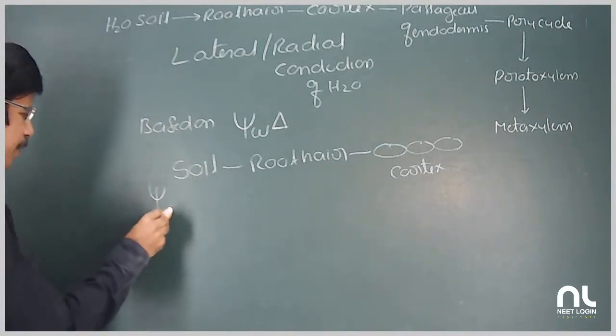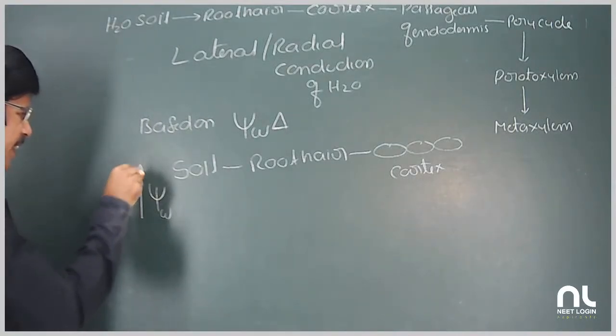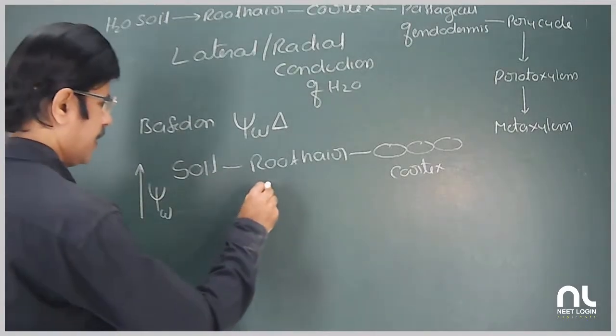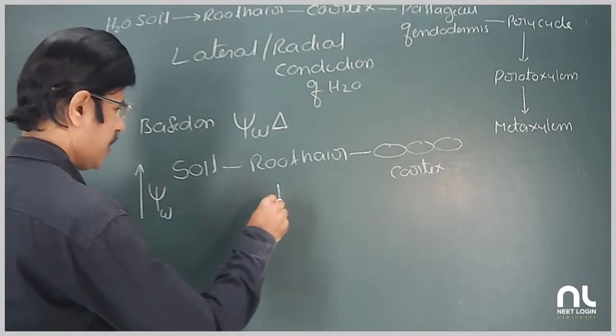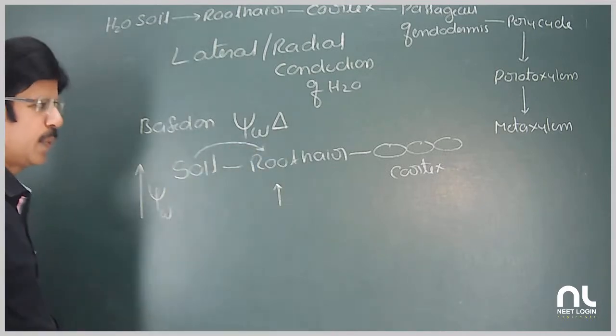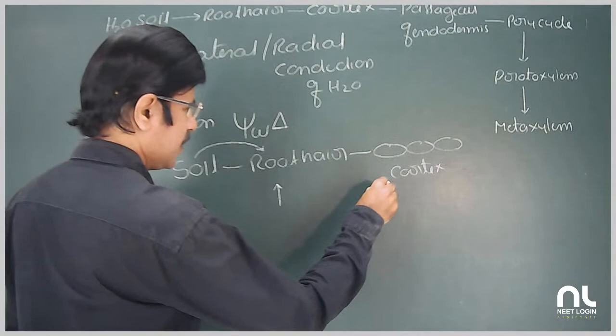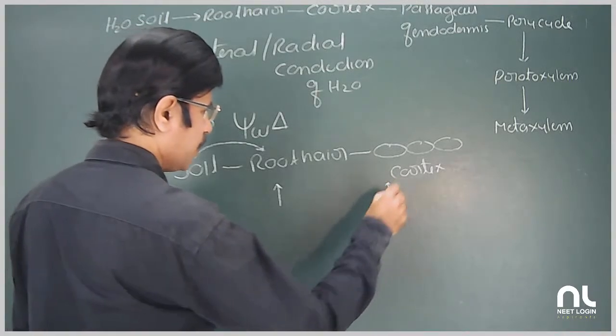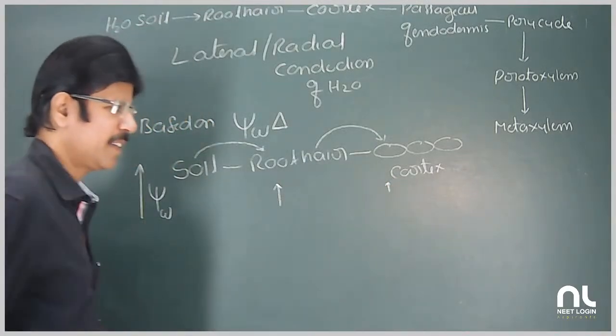Soil water potential is high. Root hair water potential is low. In this, water potential is very low from root hair to cortical cell.